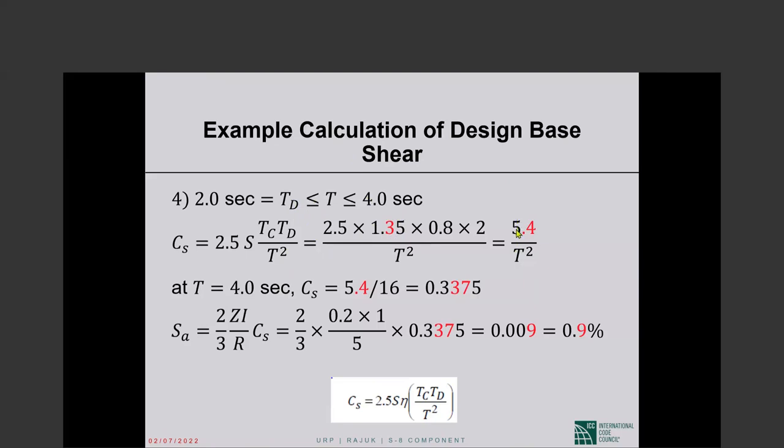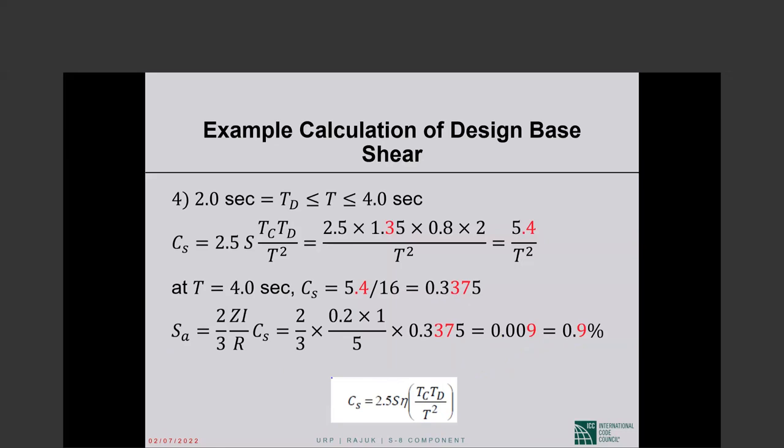That resulted in 5 here, but the actual number is 5.4. So this was 3125, that becomes 3375, and we get the final result S sub A at 4 seconds as 0.009 or 0.9%. It was 0.83% when I had the wrong number of 1.25 for S.